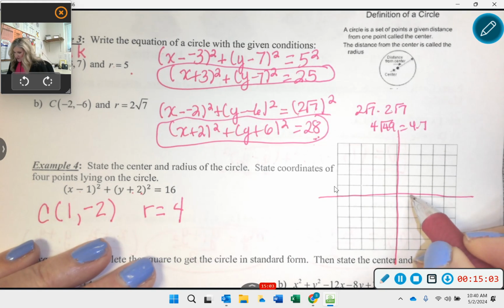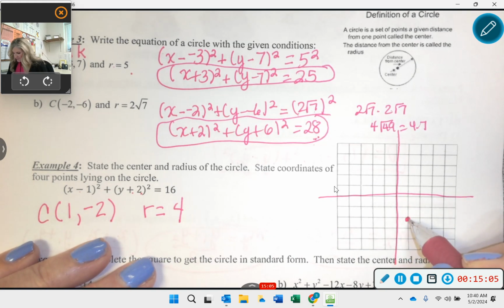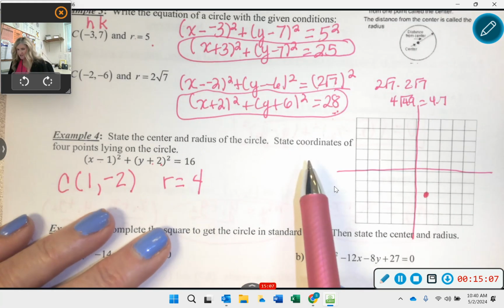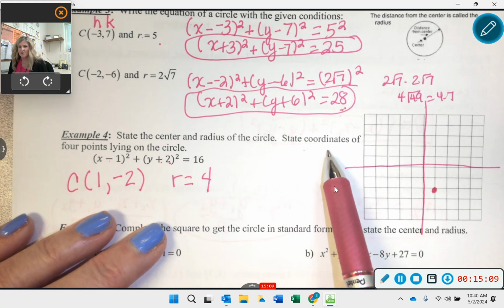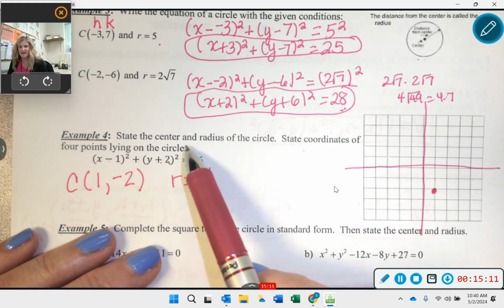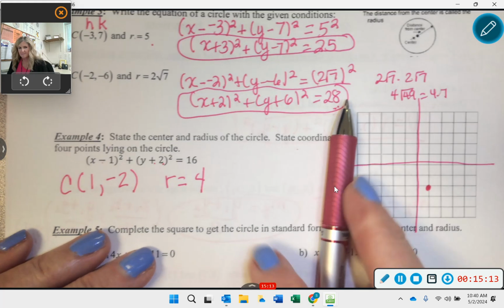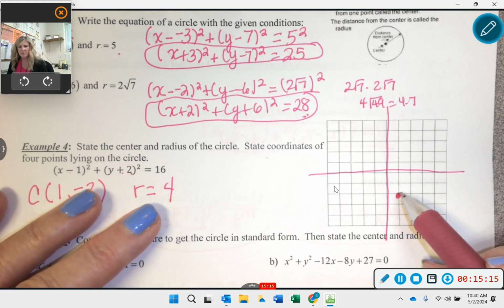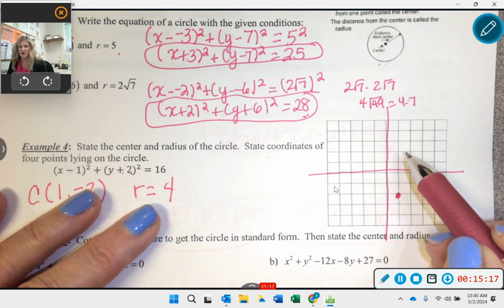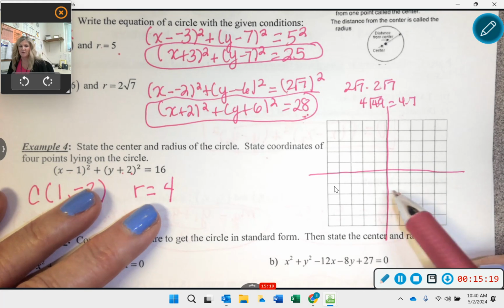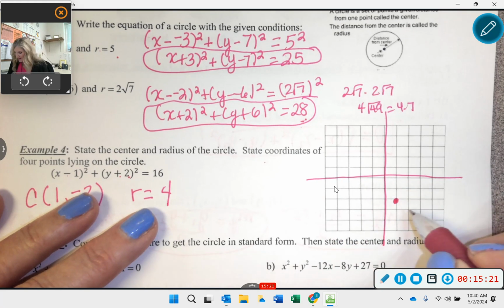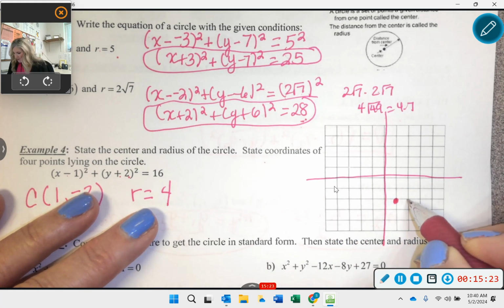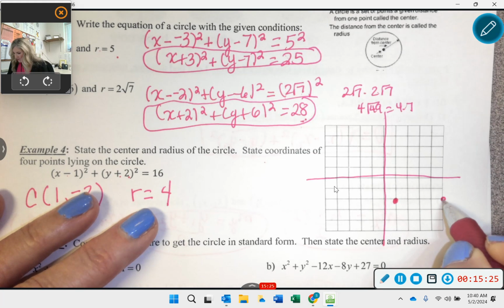So we have a center at (1, −2). The directions also say to state the coordinates of 4 points lying on the circle. To find 4 points lying on the circle, I'm going to go up 4, down 4, right 4, left 4. I'm going to start by going right 4. 1, 2, 3, 4.